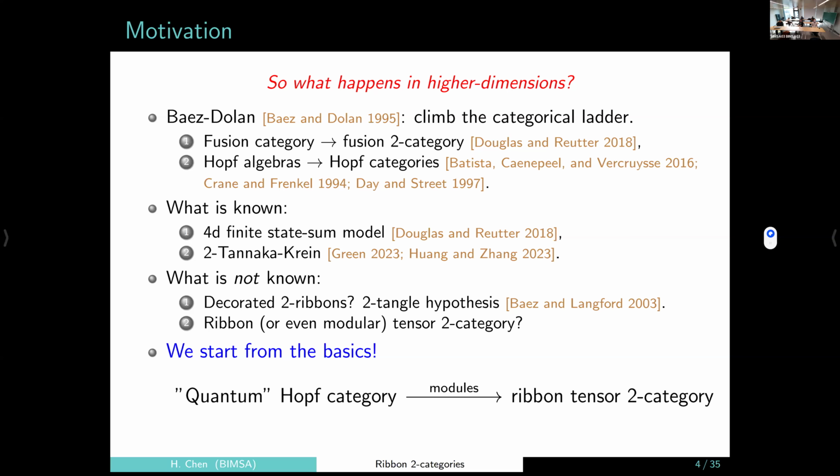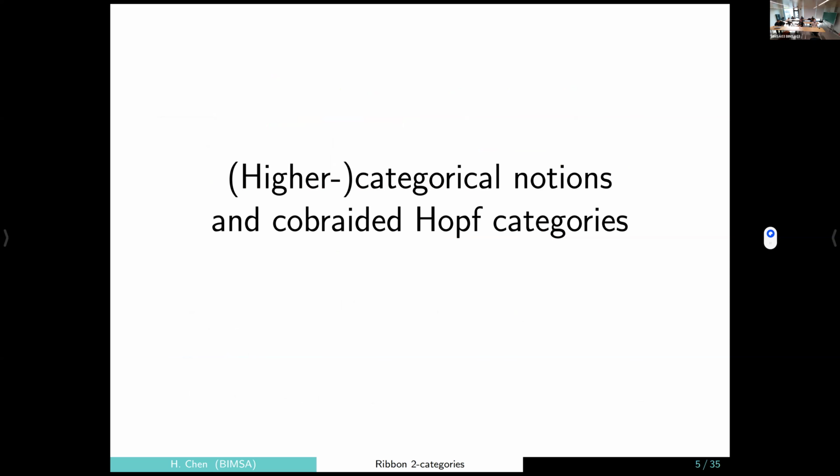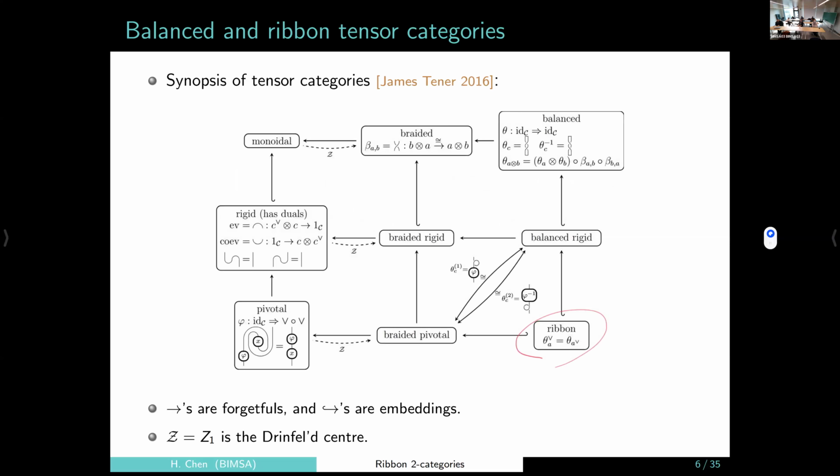Okay, let's get into the details. Let's begin with a review of what we are really looking at. This is a diagram which lays out the outline of all the structures that we're interested in. We have a monoidal category, and we put a braiding on it, and then I introduce this balancing function, which is a natural transformation from the identity to itself. It satisfies certain balancing equations.